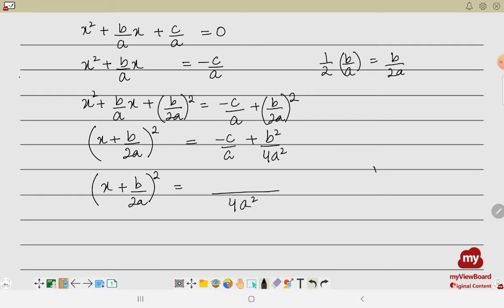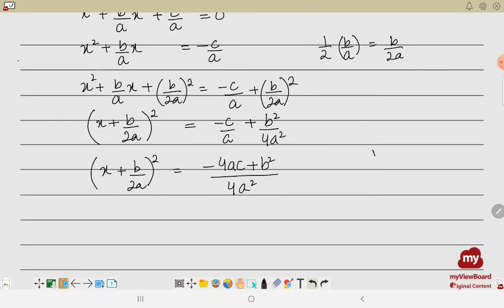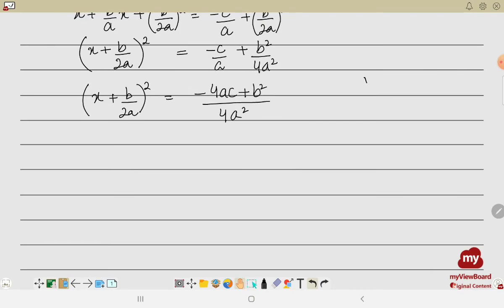There are two fractions, we have to make them one single fraction, and here we'll get 4ac, and on the other side we have to complete the numerator, right? After that we are supposed to take the square root, so we'll take the square root on both sides.